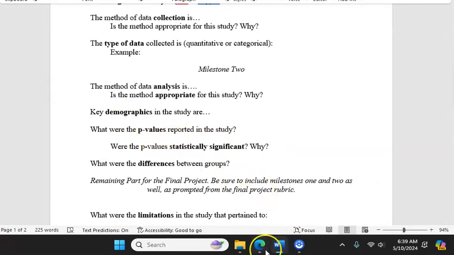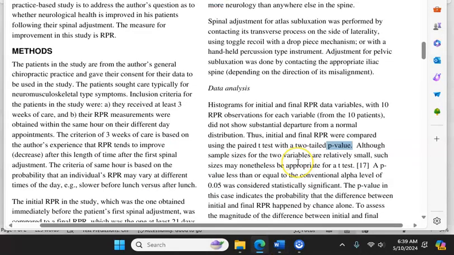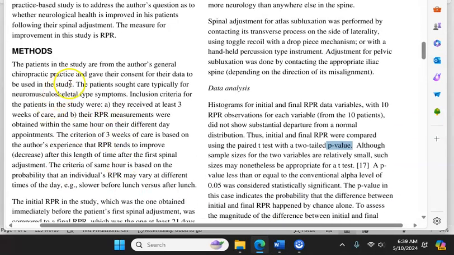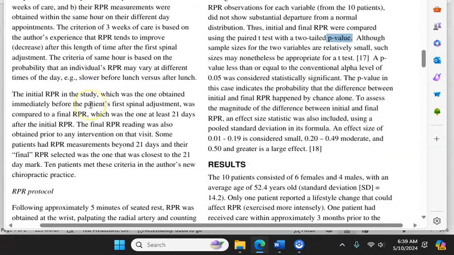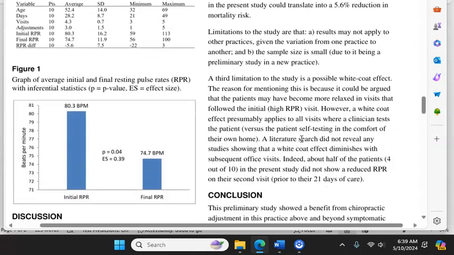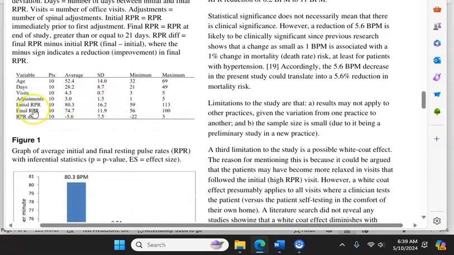Demographics of the study, age, gender, and that is going to be found also in methods, and in results we see age here, average age 52.4.